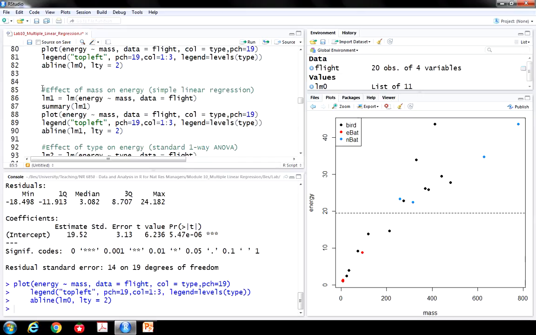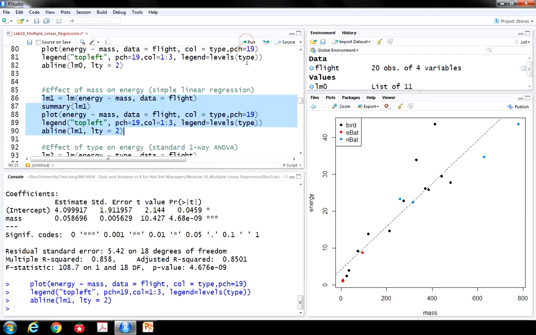Now if I wanted to study the effect of mass on energy, using a simple linear regression, instead of a 1 here for just the intercept, I'm going to put mass. Let's go ahead and run this, and let's also go ahead and plot it at the same time. Okay, so now it's fit a straight line through the data, a best fit line. So it crosses the y-intercept at 4.09.